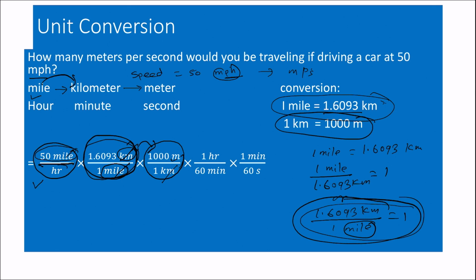To convert per hour, this is in the denominator. To cancel that, hour must be on top and minute must be on the bottom. So in the conversion factor, you know that 1 hour is 60 minutes. So 1 hour divided by 60 minutes is equal to 1. So this term is equal to 1.